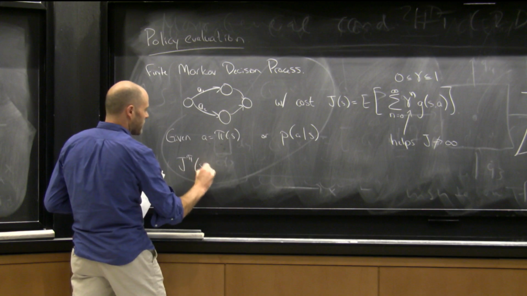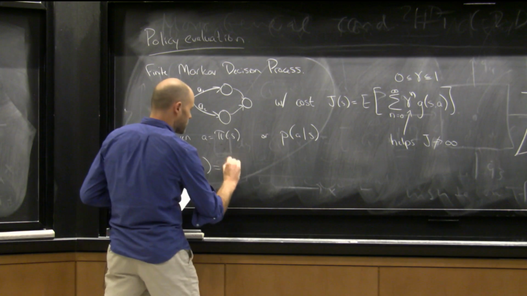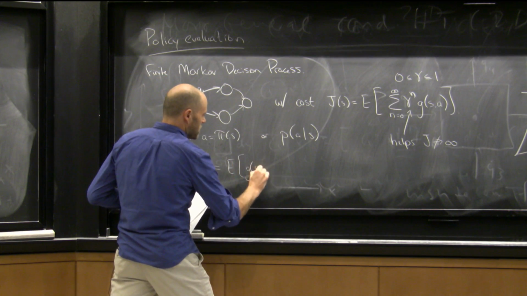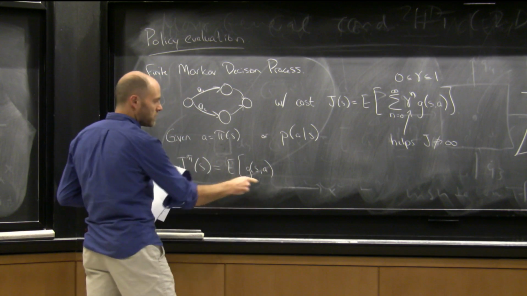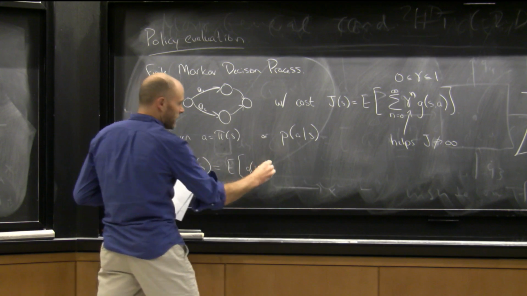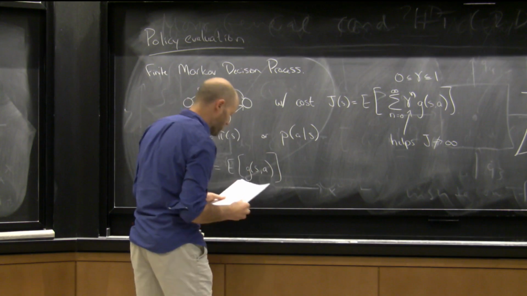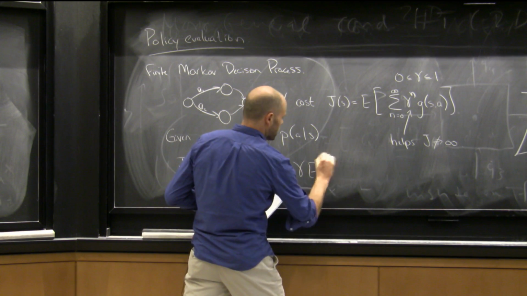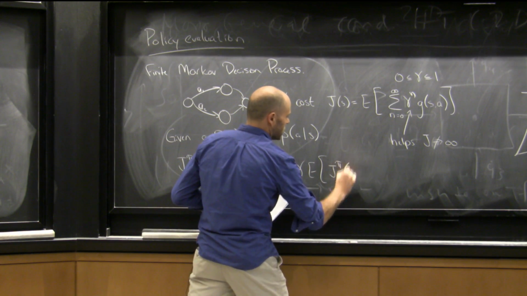J pi of s is the expected value of g(s, a), which in general could be random if a is described by a policy, plus gamma times the expected value of J pi at the next s.